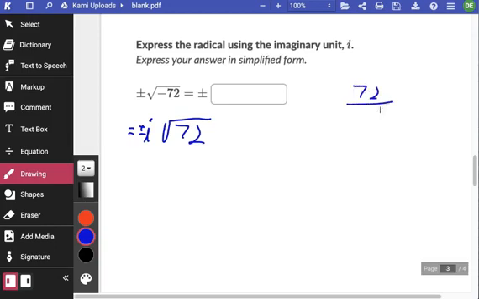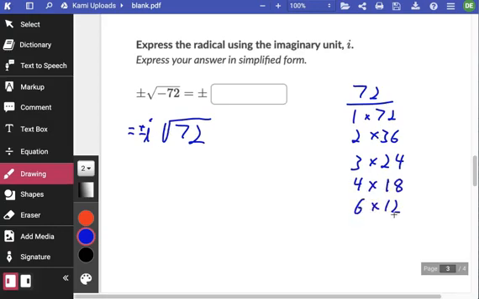So let's list the factors of 72. As we go through the list, let's look for the largest number that is a perfect square, and that's 36, because the square root of 36 equals 6.